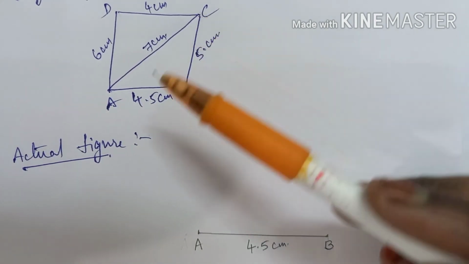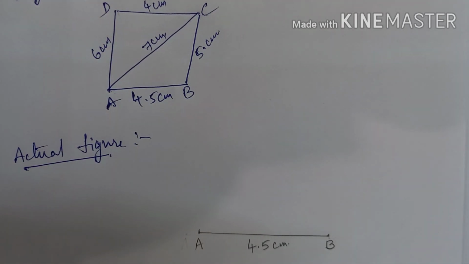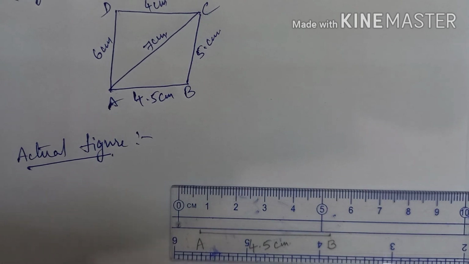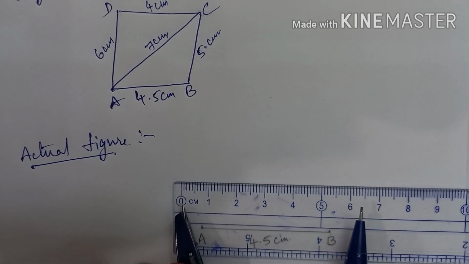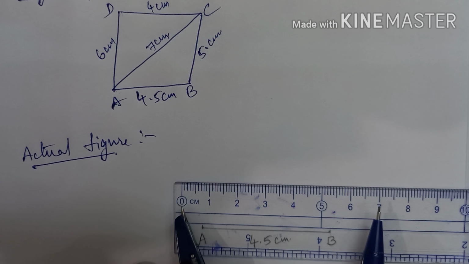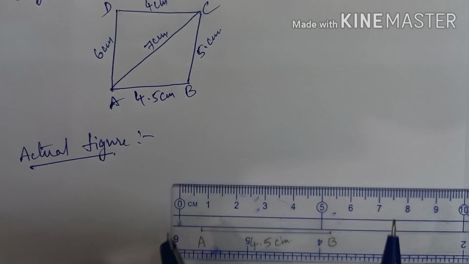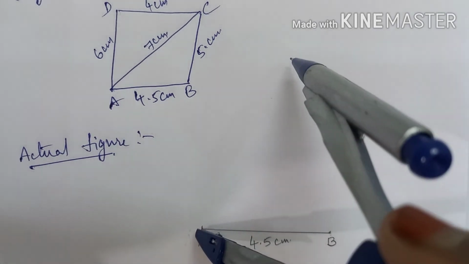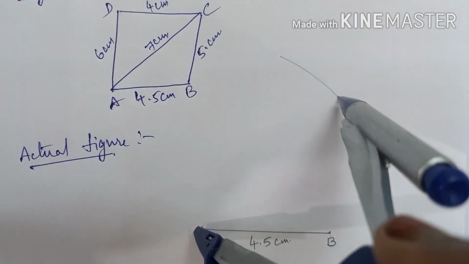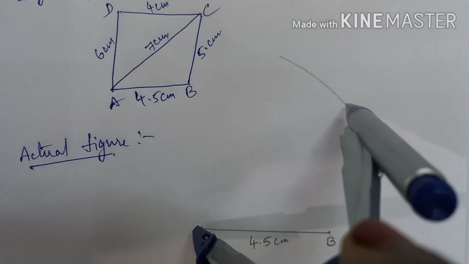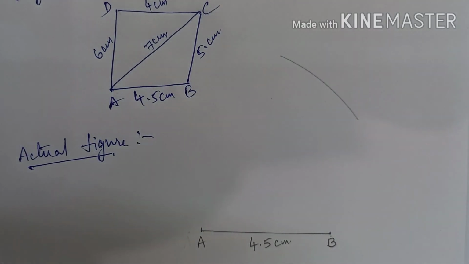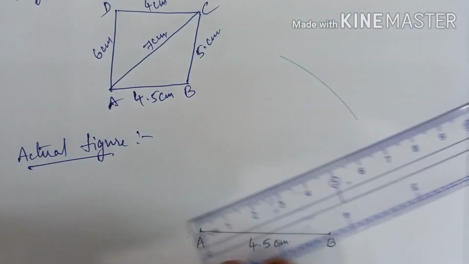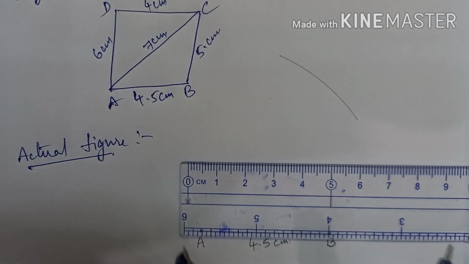For locating, take the compass and measure 7 centimeters. So with A as center, draw an arc with 7 centimeters as radius. And again from B it is 5 centimeters at distance. So take again 5 centimeters.